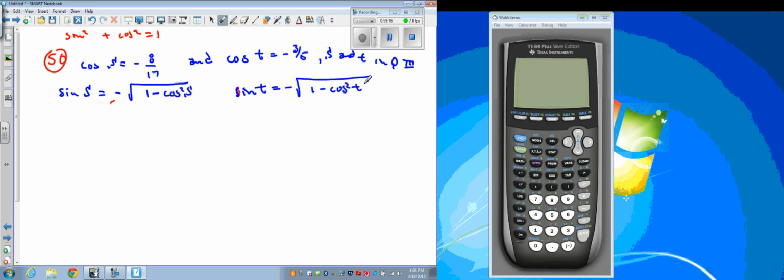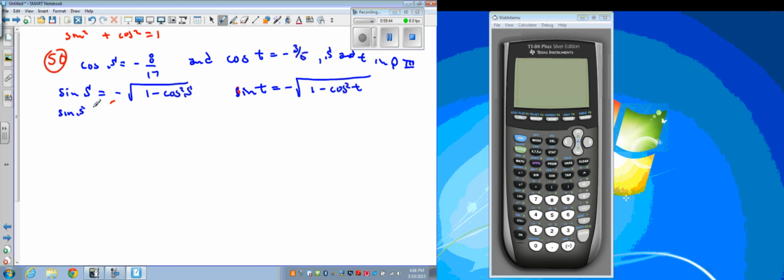And I'm going to have to find sine and cosine to be able to substitute into that identity, right? Because the cosine of s plus t is cosine s cosine t minus sine s sine t, right? It's that identity. So what I have to do, this is the hardest part to do.